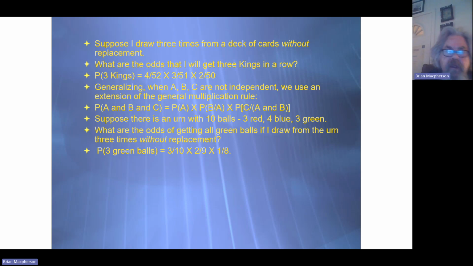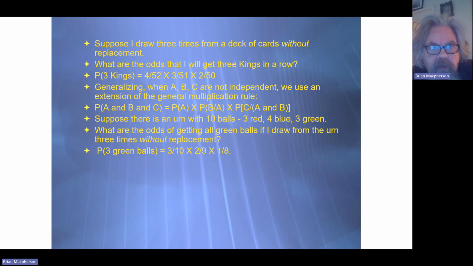So generalizing, we can say that when A, B, and C are not independent, we'll use a more complicated version of the multiplication rule. The probability of A and B and C when the events are not independent of one another will be the probability of A times the probability of B given A, and the third event, the probability of C given that A and B both occurred.